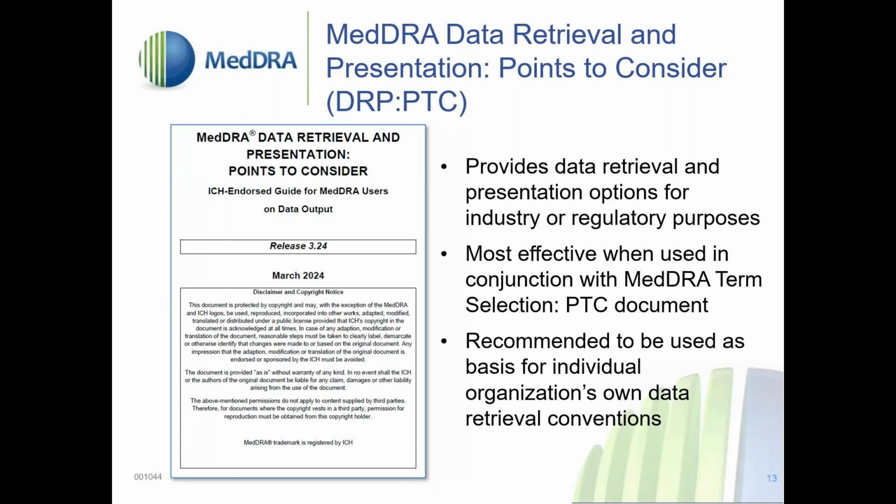And for using it most efficiently, it should be used in conjunction with the MedDRA term selection points to consider document. And we recommend that you use it as a basis for your individual organization's own data retrieval conventions, or if you already have your approaches, they should not be in conflict with the general principles provided in this document.